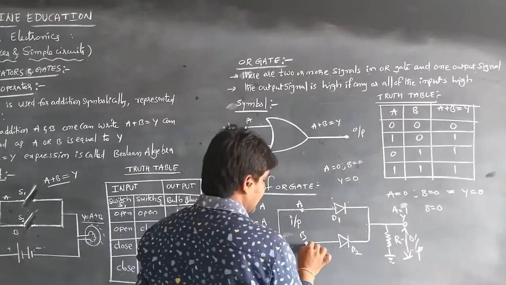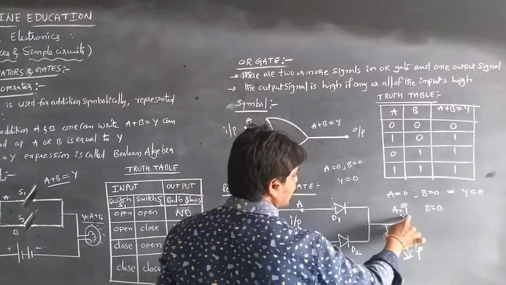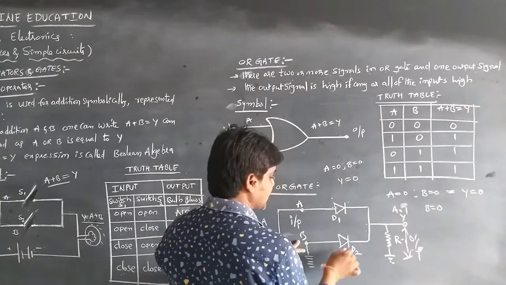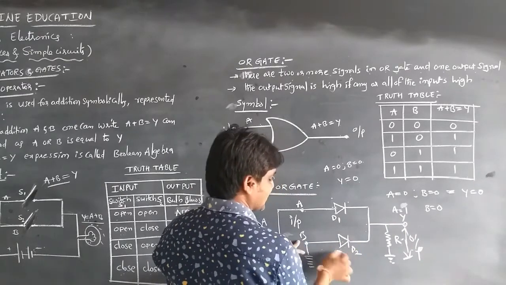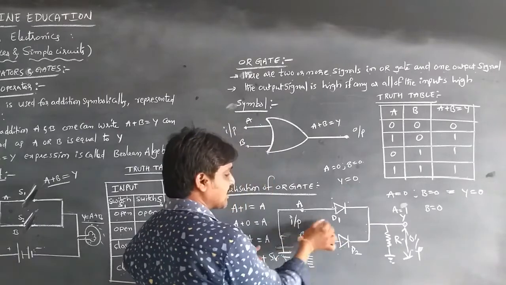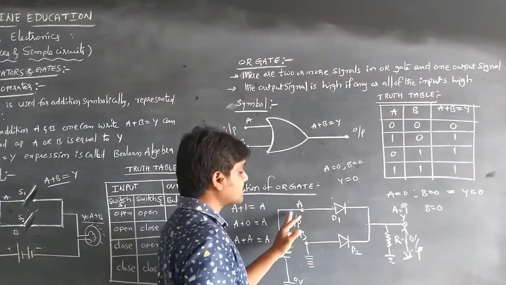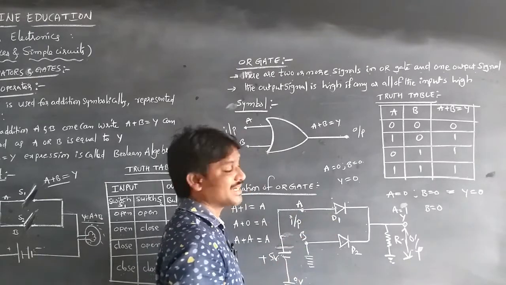Here A is equal to 1 and B is equal to 0. B is equal to 0 means D2 is reverse biased. Whenever the battery is connected to D1, it is forward biased. Current flows through the D1 diode and we get the output voltage.